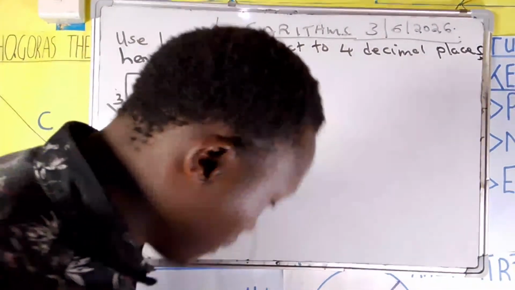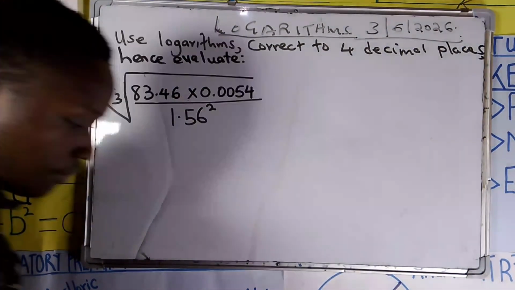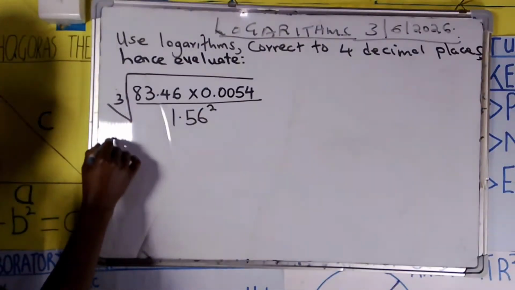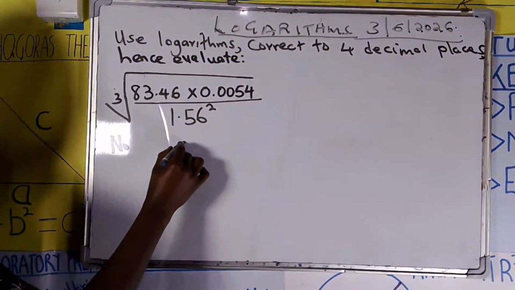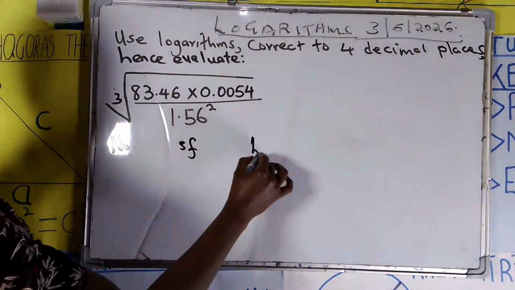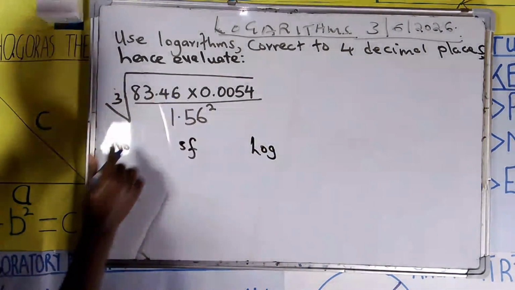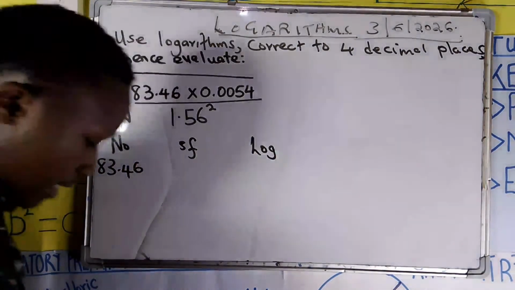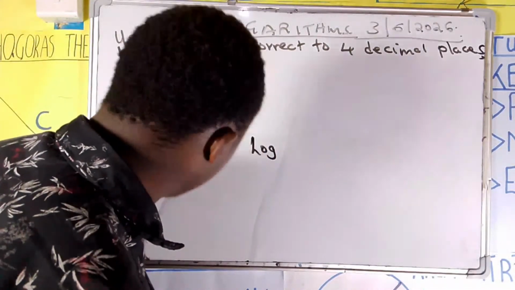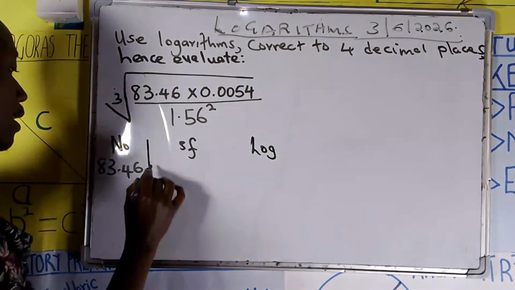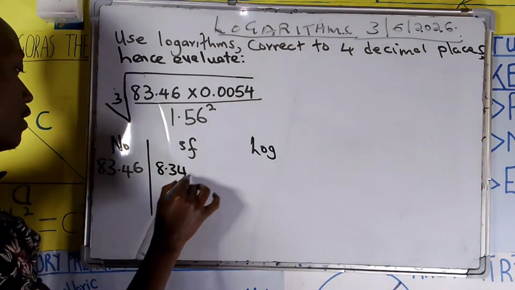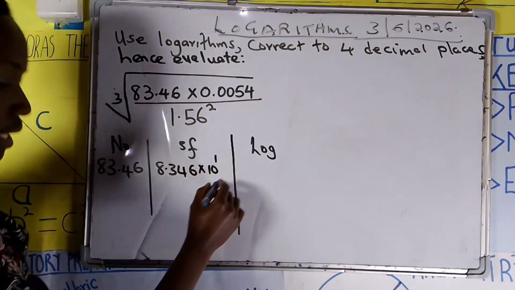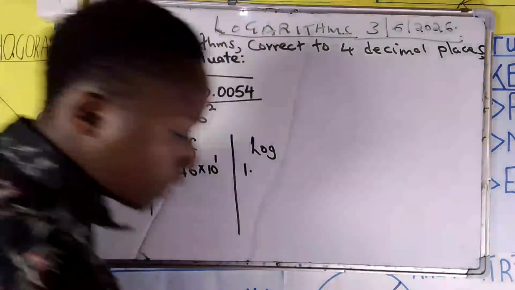So in this question, quickly we will get to logarithms. We have number, we have standard form, and we have logarithms. Our first number is 83.46. Written in standard form, it is 8.346 times 10 to power 1, and in logarithm it will be 1 point.